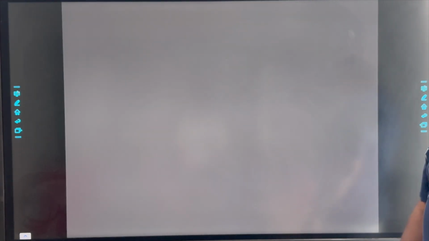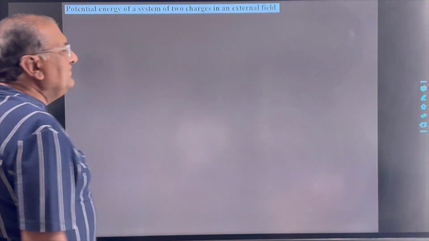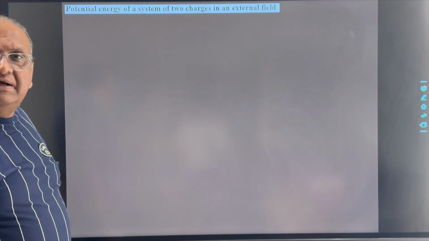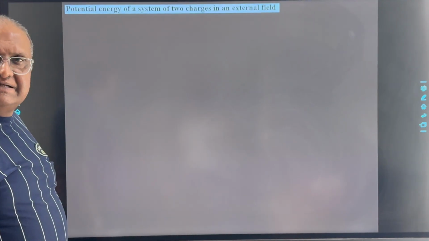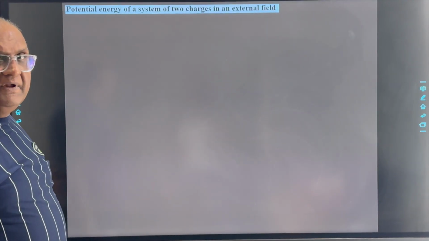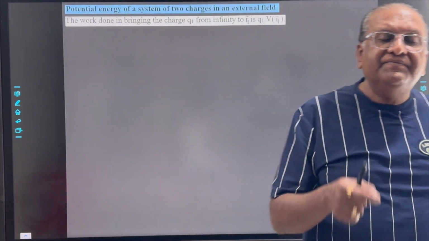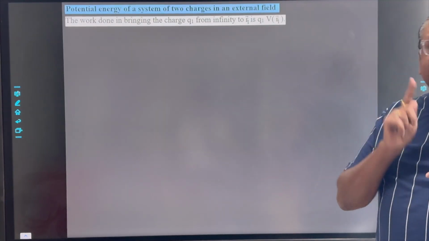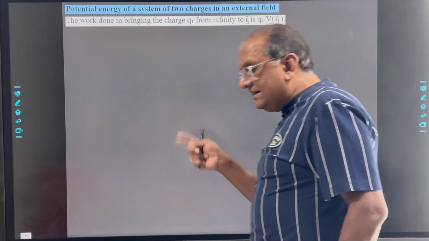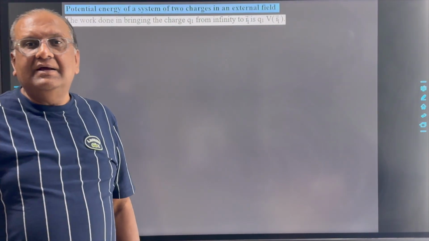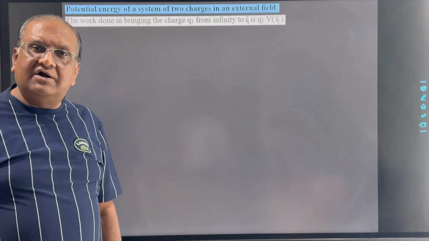Now the next topic is potential energy of a system of two charges in an external field. So when we take the potential energy of two charges in the external field, right, then we have to take the first charge Q1 at position R1, whose potential energy will be Q1 into V at R1. Then we bring another charge Q2 to position R2.